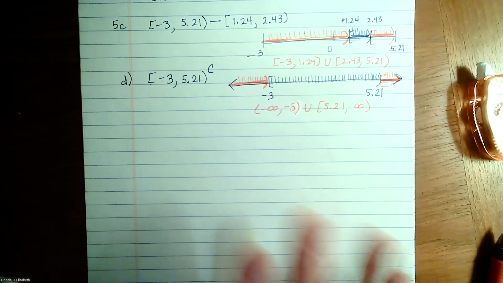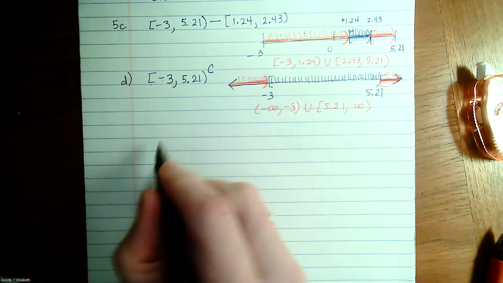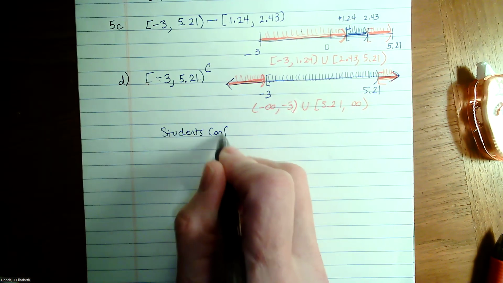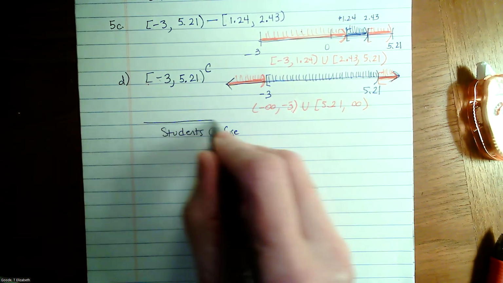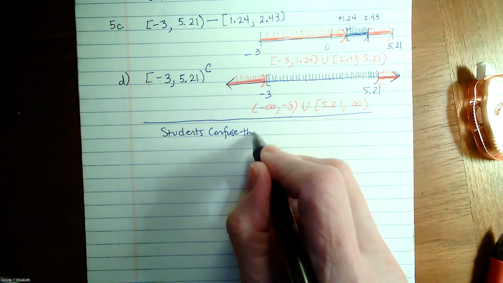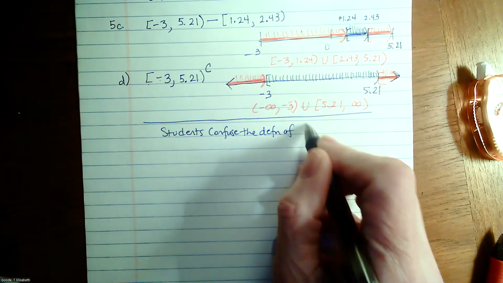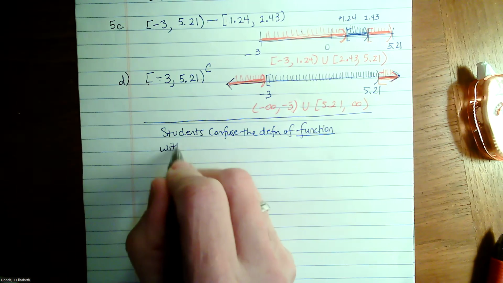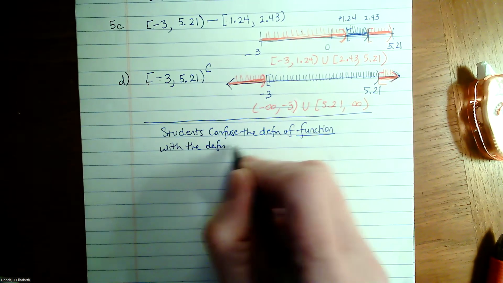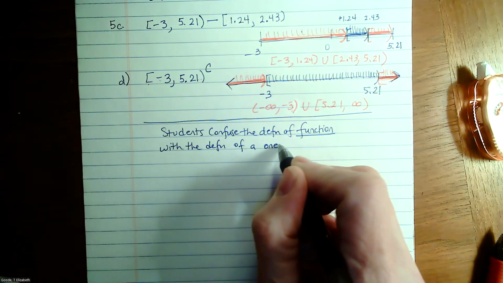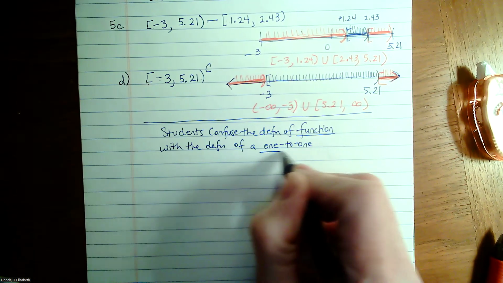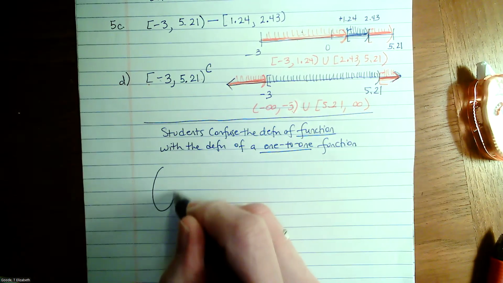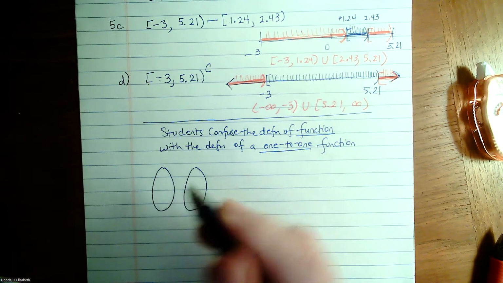What are the things people get confused? Students confuse the definition of function with the definition of one-to-one. That's really understandable because it's all about having double arrows.